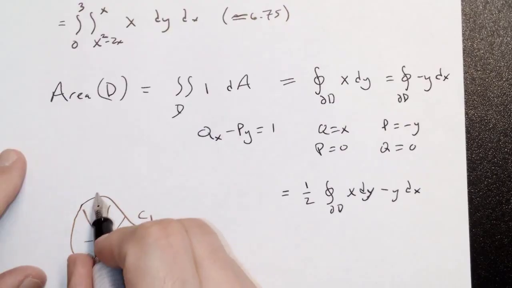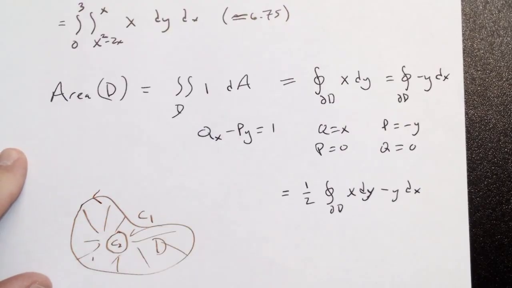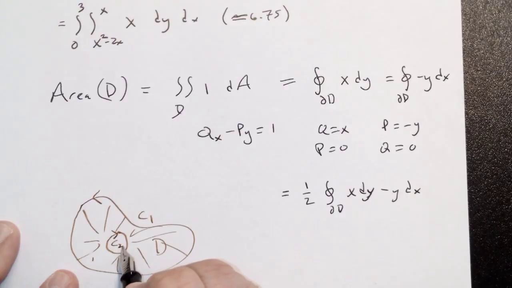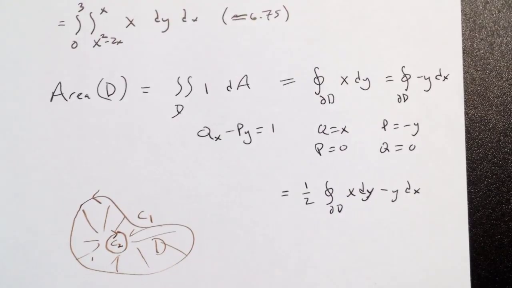Here on the outside, I'm going counterclockwise, but here on the inside, I have to go clockwise to do the positive orientation game. Okay, here's my problem. This region is not simply connected. Green's theorem does not apply.